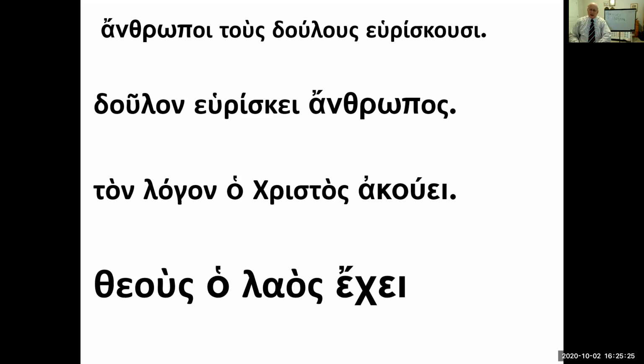But what is the direct object, the thing that is acted upon, the person? I speak a word. Yeah, I'm speaking a word. Word is the object. That will be in what's called in Greek the accusative case.